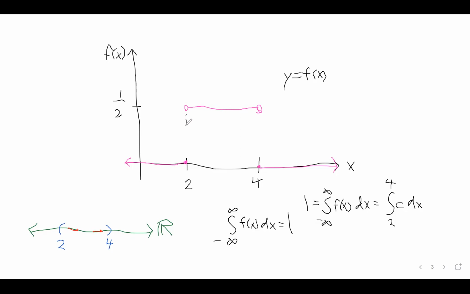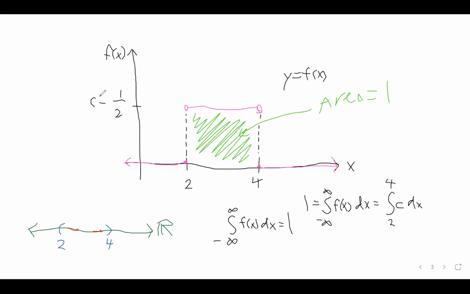If we look at the area under this PDF, since everywhere else is 0, there's no area. So the area needs to be 1. From the area being 1, we get that the height is 1/2. Instead of 1/2 here, let's say it's a c. The question is, what is c? If you integrate this, you get cx evaluated from 2 to 4.